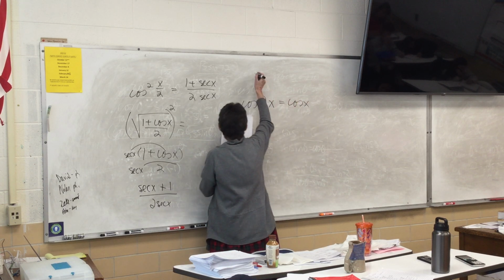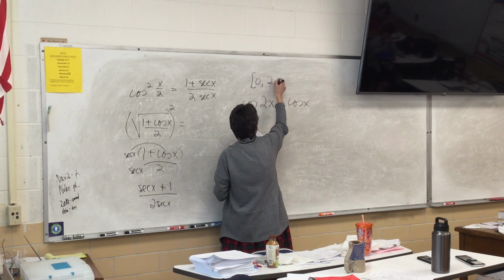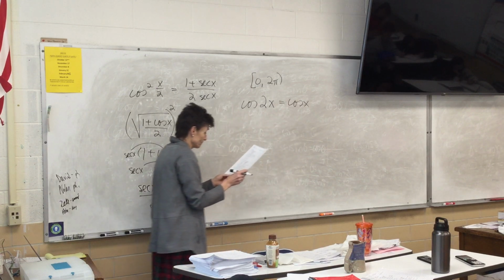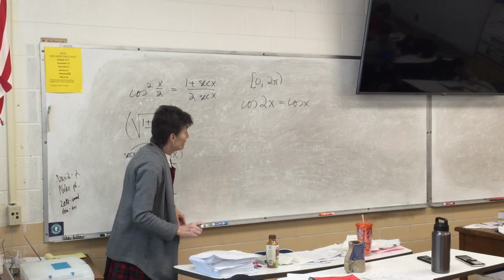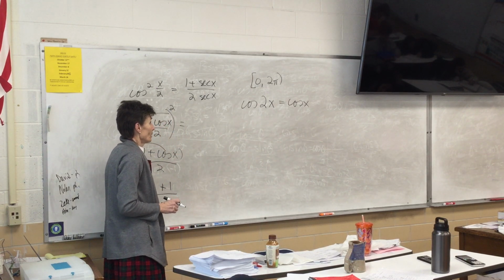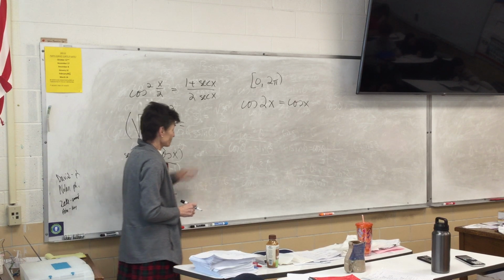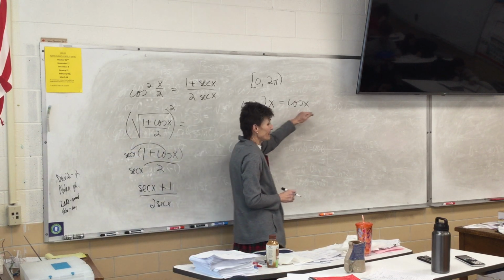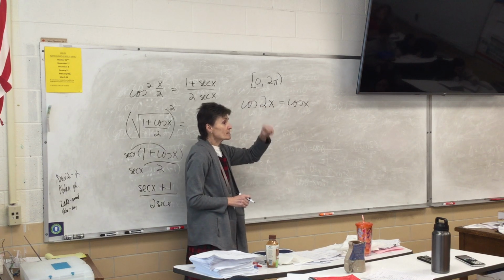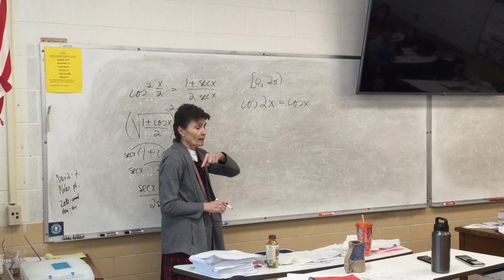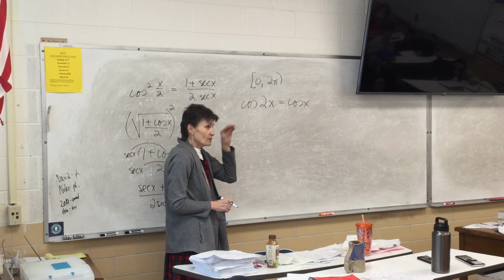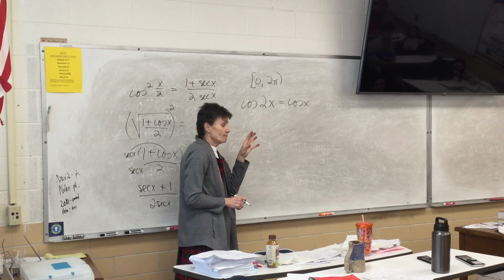All right, so this is an equation that I am solving in radians. Well, the big issue is you have a 2x on this side and an x on this side. The quiz question that we went over a little bit ago, the only thing we had was a 2x. That's okay.